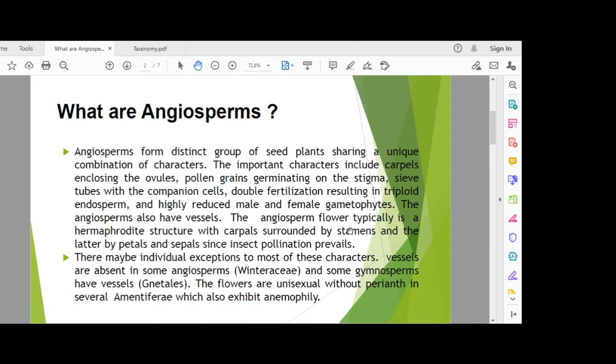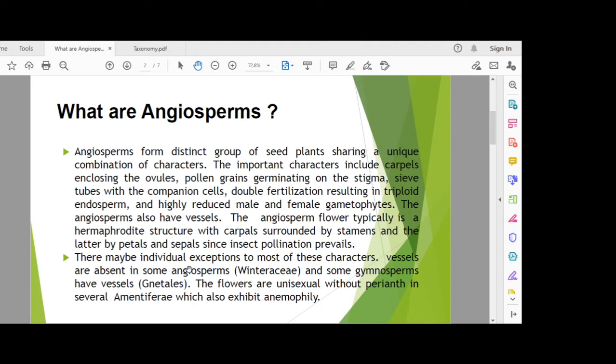The angiosperm flower typically is a hermaphrodite structure with carpels surrounded by stamens and the latter by petals and sepals, since insect pollination prevails. These are distinguishing characters of angiosperms.